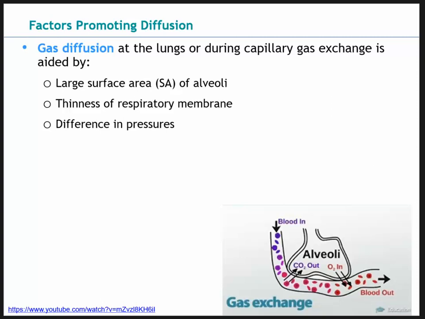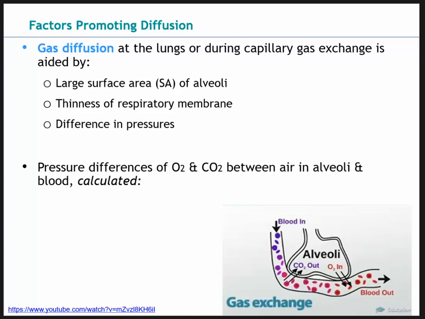They're only 2 cell walls thick, so 2 cell membranes thick. It's a very short diffusion distance. Both membranes are permeable to O2 and CO2. Last is the difference in pressures, the difference in partial pressures between the gases, so the partial pressure difference between CO2 and O2.